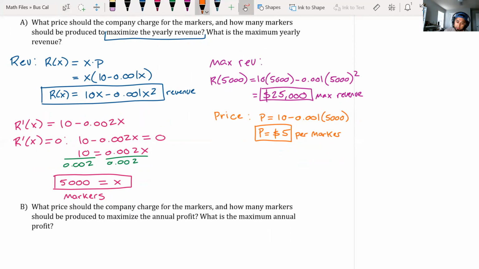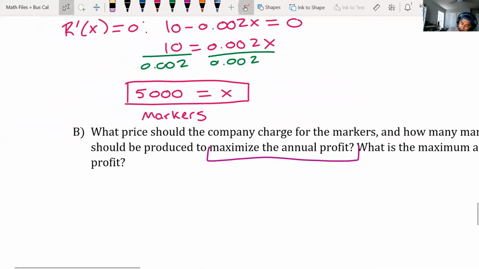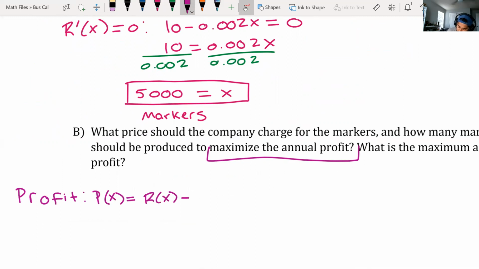So now our job is to maximize profit, which means we need to create a profit equation. And remember that profit is given by revenue minus cost.